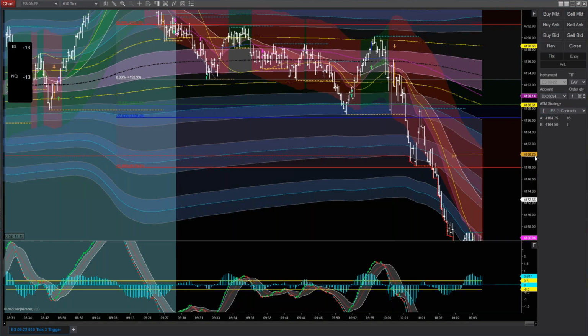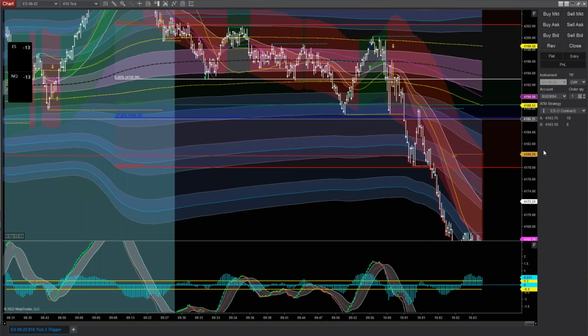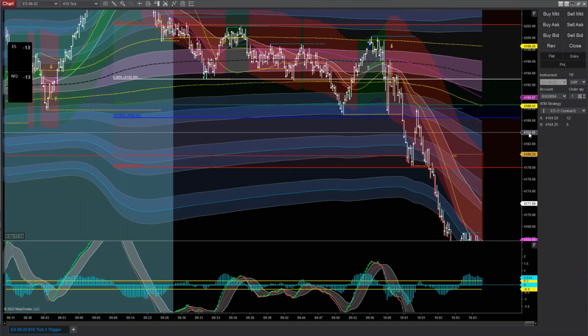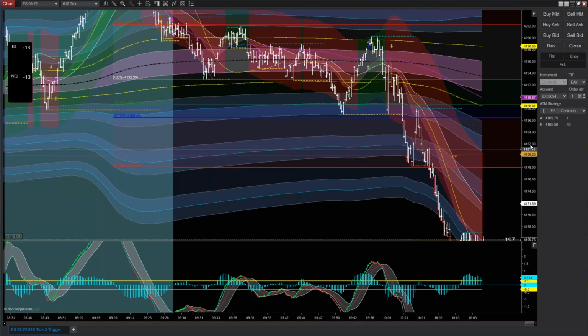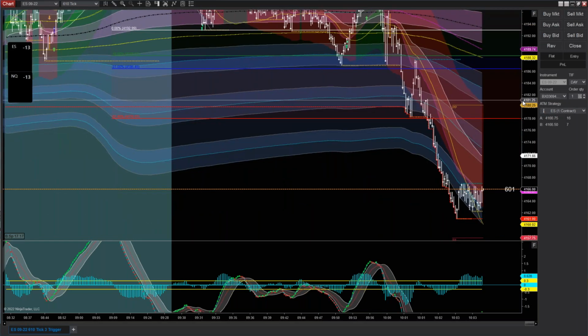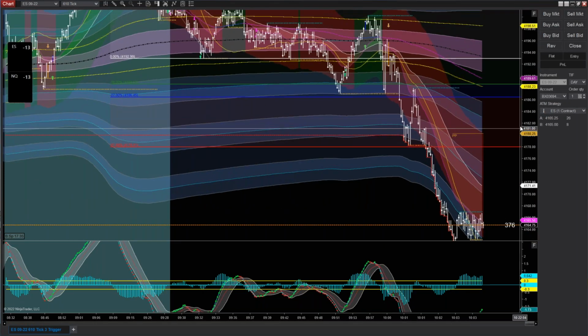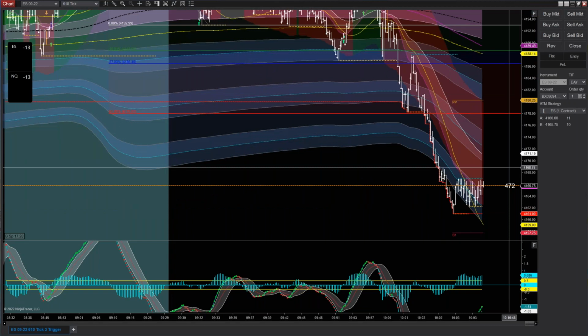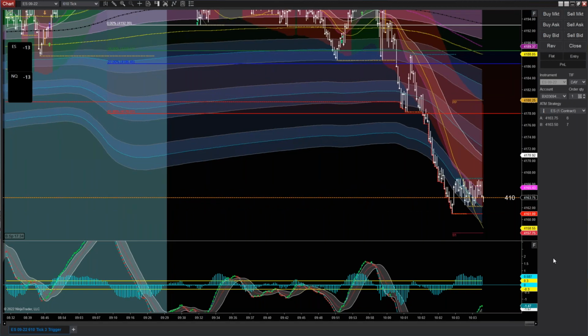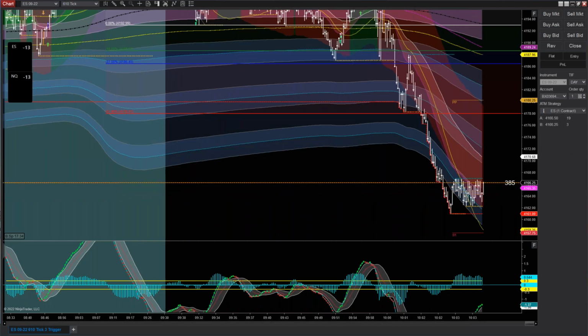ETH chart. So as you can see here, we did pull back. We moved to here, came back down, and now depending where this pullback will be. So let's trade the ES here. Better chance of getting back our losses right now.